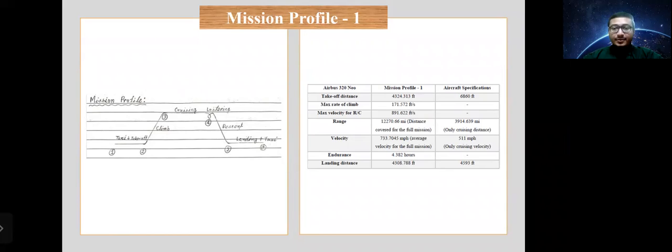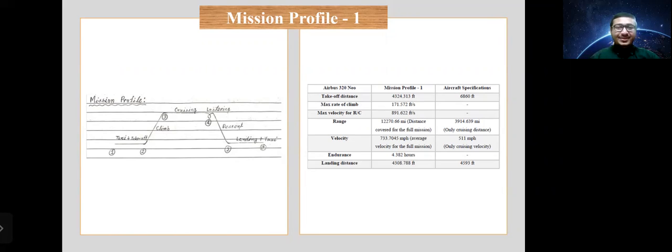We can see from the table that the values, compared with the actual aircraft specification values, differ very little, but only for the case of range and cruise velocity, it varies a lot. Why is that? For range, we have to find the distance for the cruise of the mission profile.